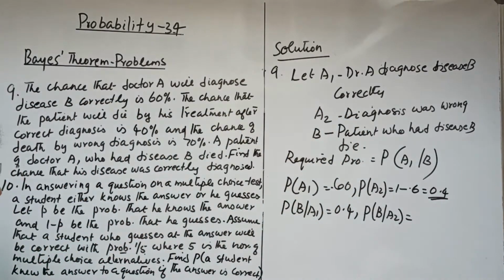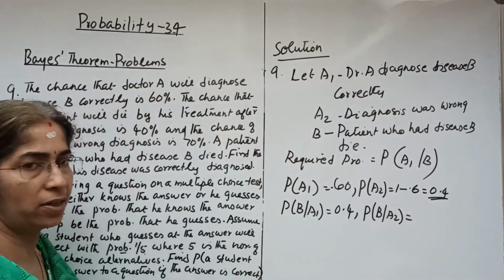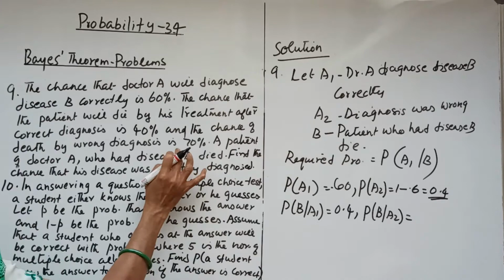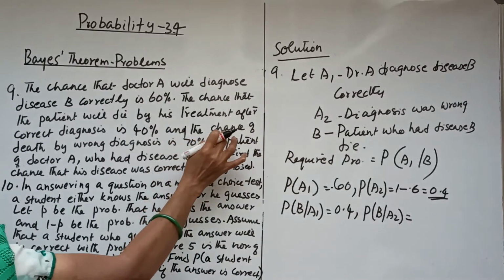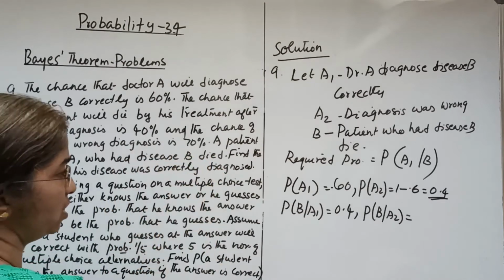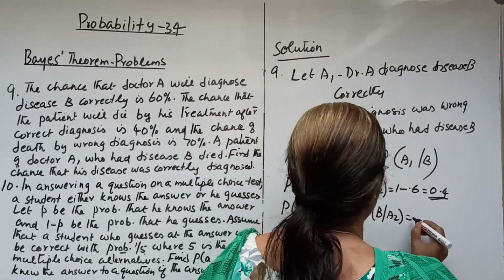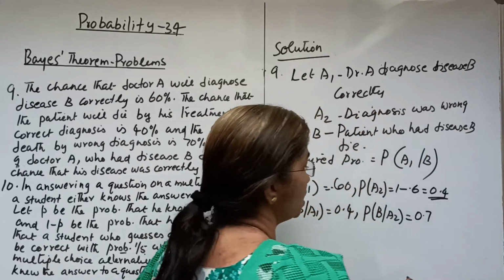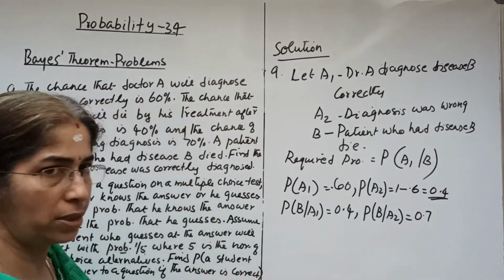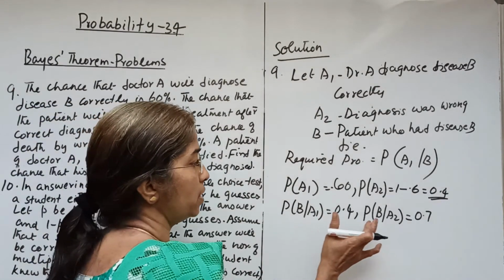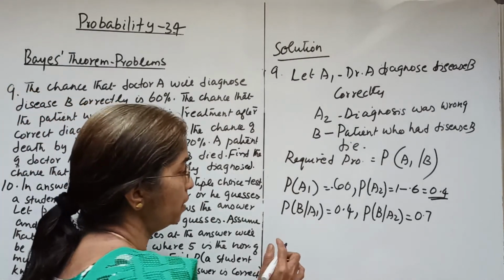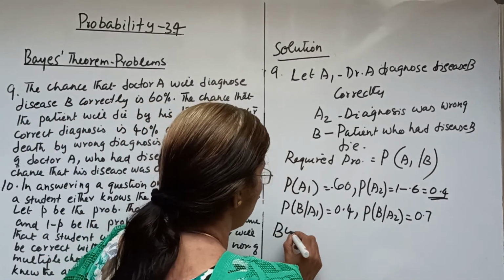Under the assumption of A2, that the diagnosis was wrong and the patient died, it is given as 70%. The chance of death by wrong diagnosis is 70%. So this probability is high and it is 0.7. Make it clear this total is not equal to 1, since under the two conditions the probability of death is given. And now by Bayes theorem, we have the result.